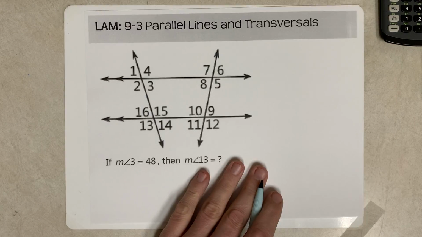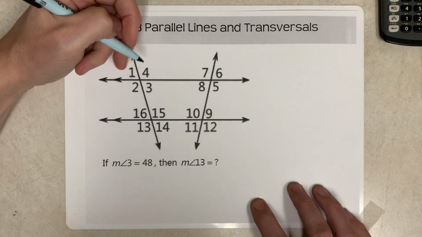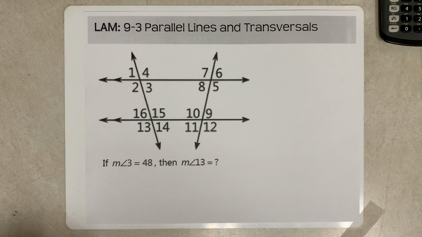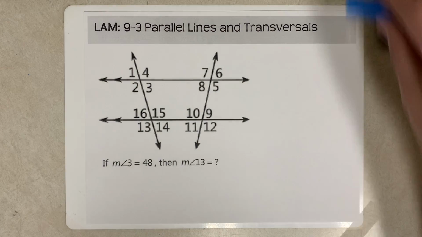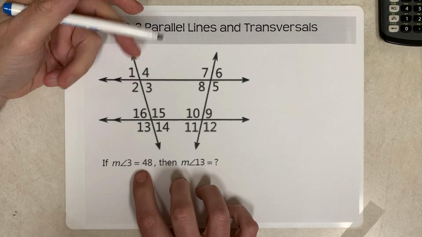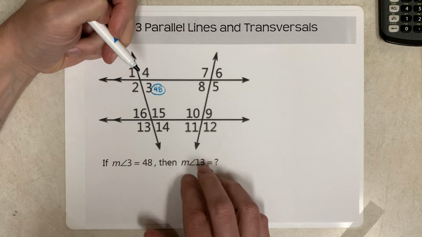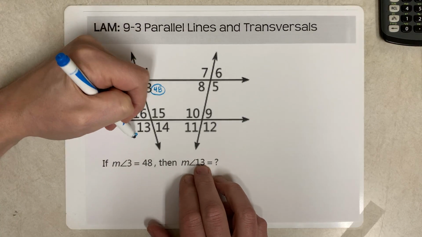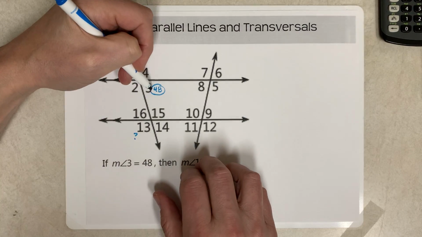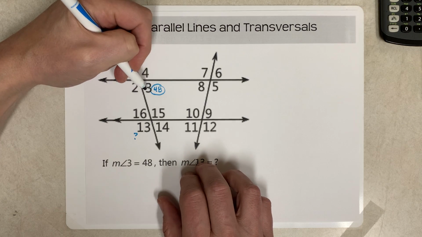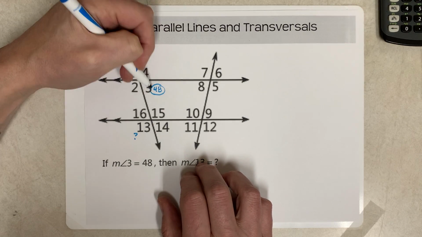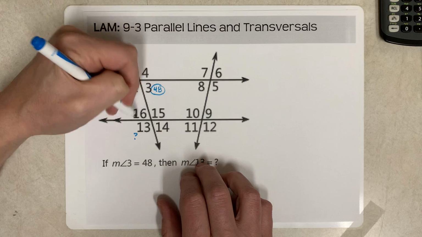All right, now we have this, and I'm going to get a different marker here. Let's try this one. If the measure of angle 3 is 48, what's the measure of angle 13? If 3 is 48, then 16 down here is going to be 48 also, because they're alternate interior.